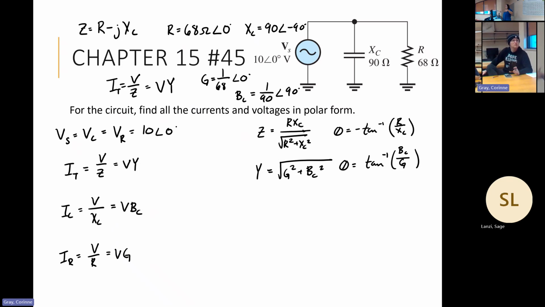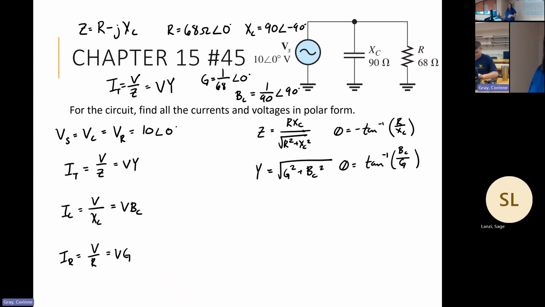Because it's inversed, it looks more like series. So now that we've fixed the equations, either of these methods works out. We can find Y and use its theta value, or we can use Z and use its theta value.